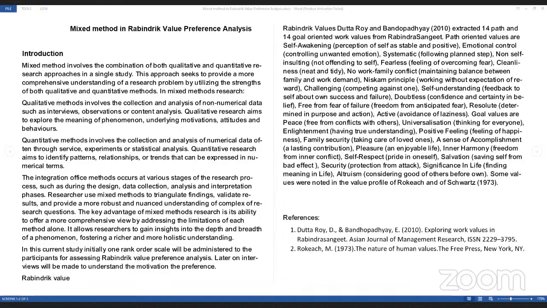The integration of research methods occurs at various stages of the research process, such as during the design, data collection, analysis, and interpretation phases.